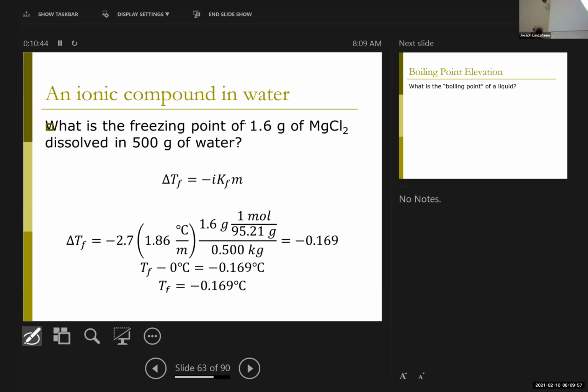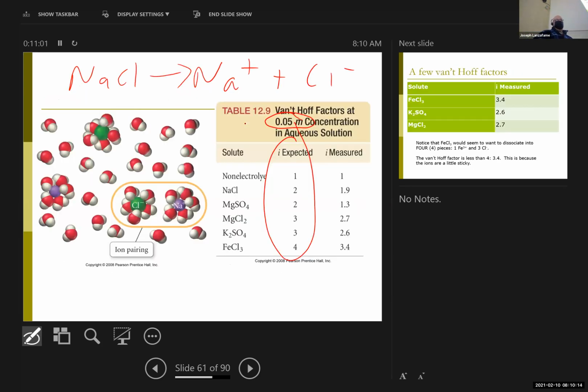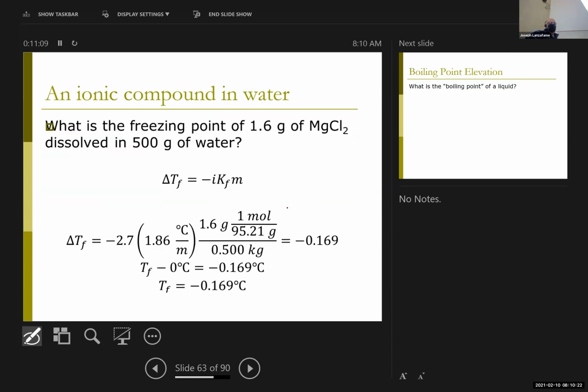If it's dissolved in water, which it has to be for this to work, otherwise I don't have a molality in the first place, the fragmentation gives me a Van 't Hoff factor of close to 3, 2.7 as per my table. Again, I may or may not be at 0.05 molal, but I'm going to assume that's close enough as it's the only data point I have.